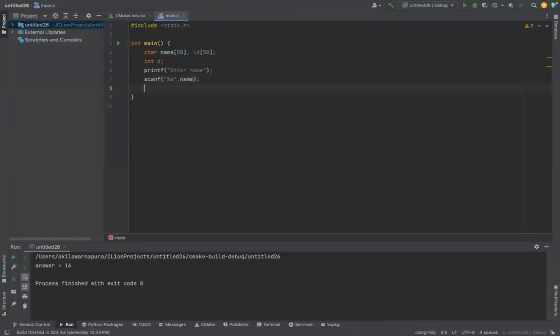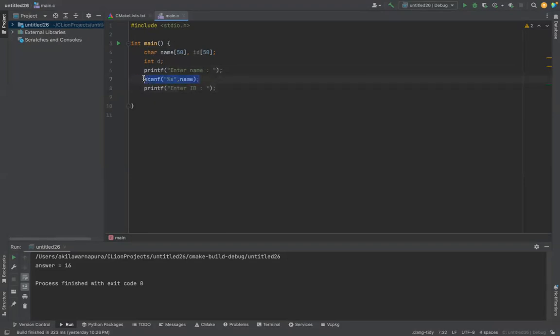And the next one is you need to get the ID. Therefore, you can ask the user to enter it again. Enter name, and enter ID.